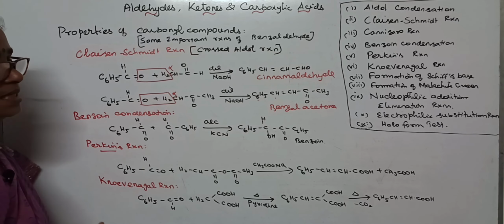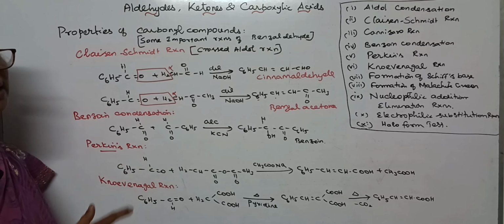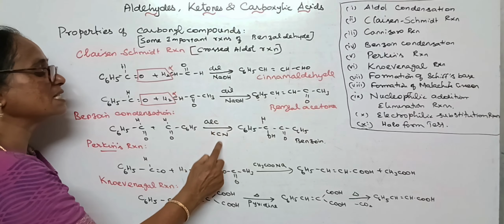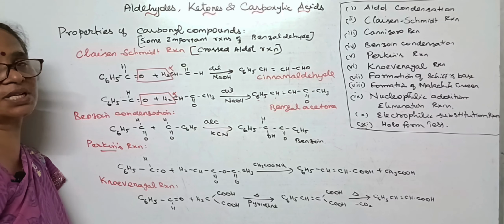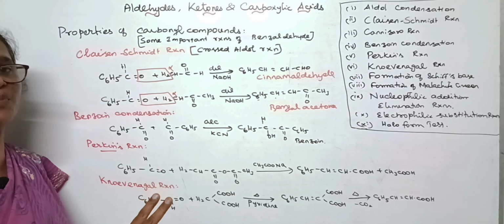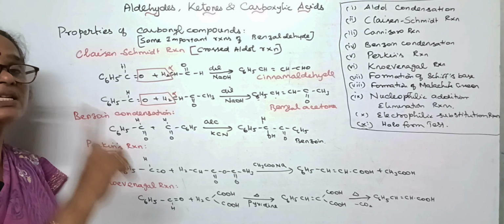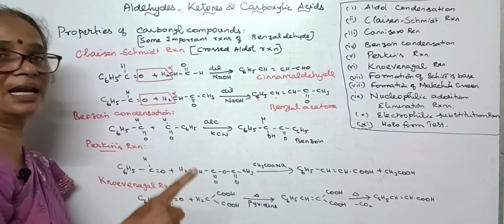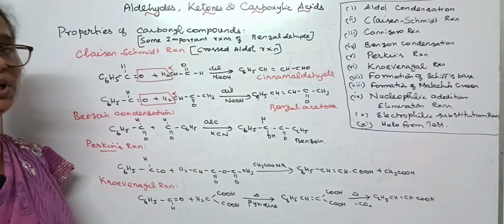Benzoin condensation. Here two molecules of benzaldehyde undergo condensation, but in the presence of alcoholic potassium cyanide. In the CANNIZARO reaction, two molecules of benzaldehyde undergo disproportionation in the presence of concentrated alkali, either sodium hydroxide or potassium hydroxide.